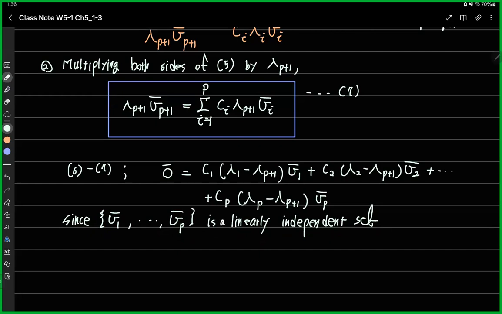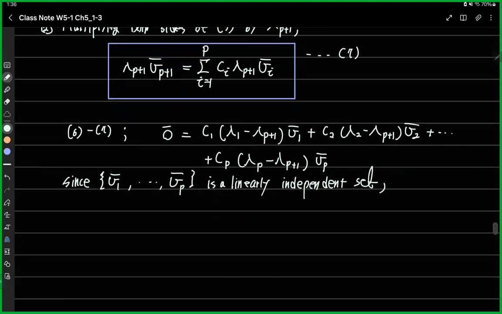What does that mean? It means that what? C1 times lambda 1 minus lambda P plus 1 through CP times lambda P minus lambda P plus 1 must be 0.